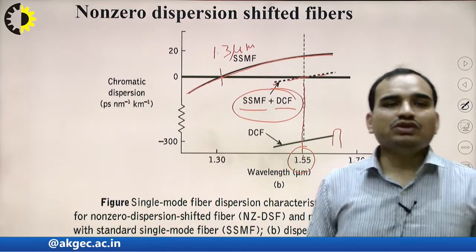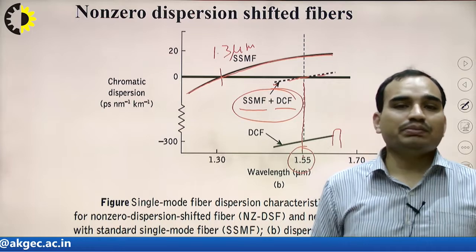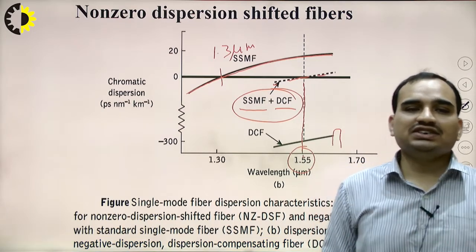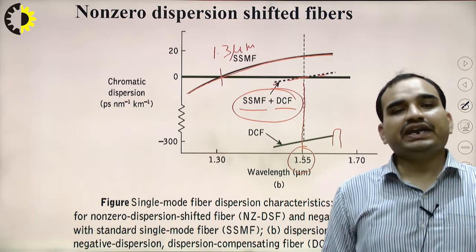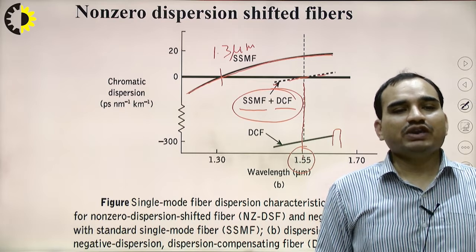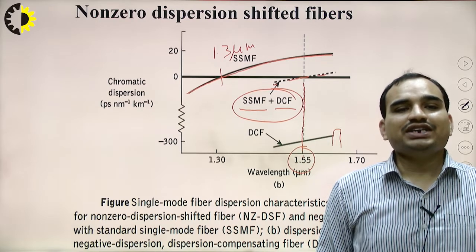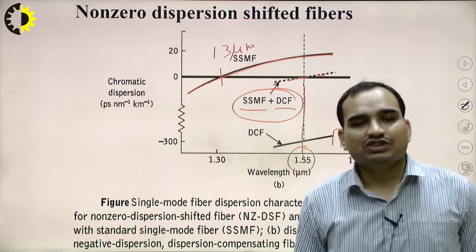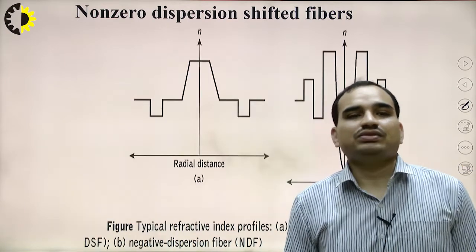The single mode fiber dispersion characteristics compare the profiles for the non-zero dispersion shifted fiber, that is NZDSF, and the negative dispersion fiber, that is NDF, with the standard single mode fiber, that is SSMF, and dispersion compensation by using the dispersion compensating fiber, DCF.